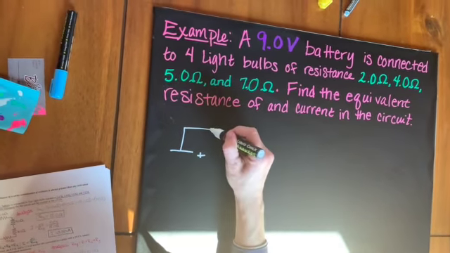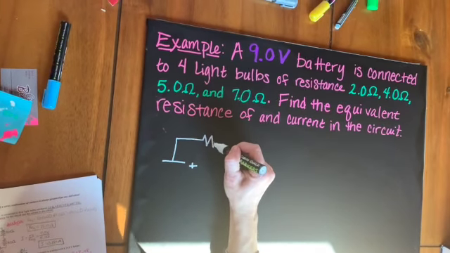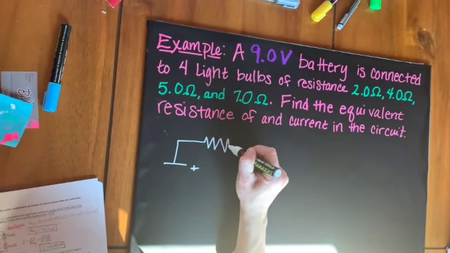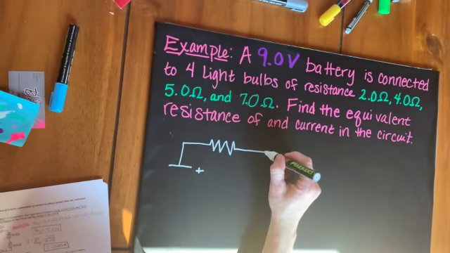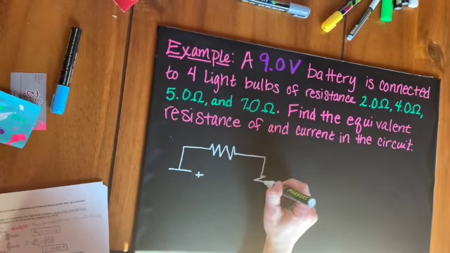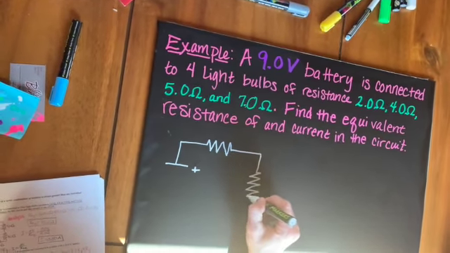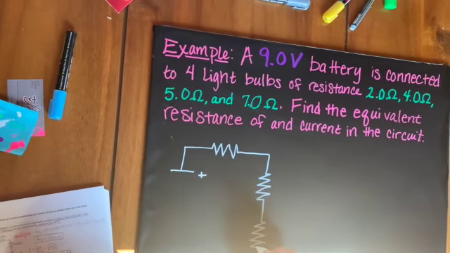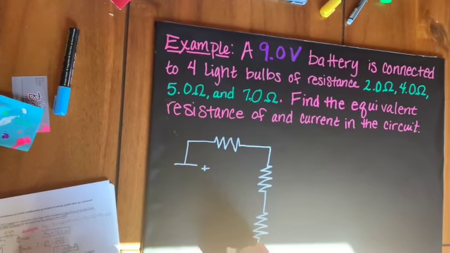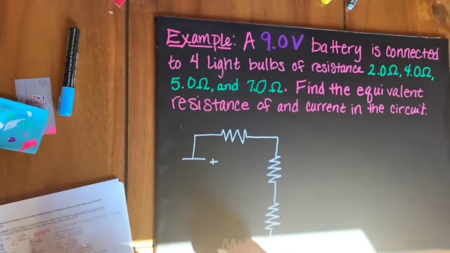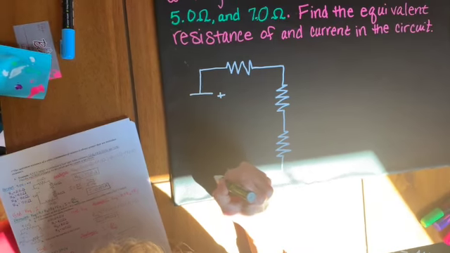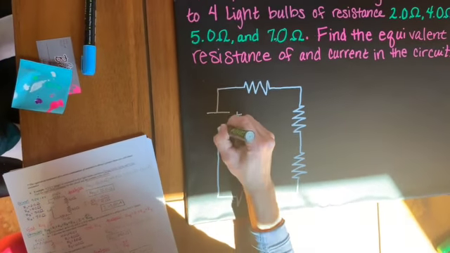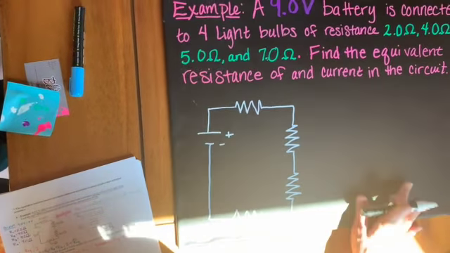I'm going to start with my first resistor, and I know I need to draw 4 resistors total. Okay, resistor number 4. And I'm going to come back up and end at my negative battery terminal.